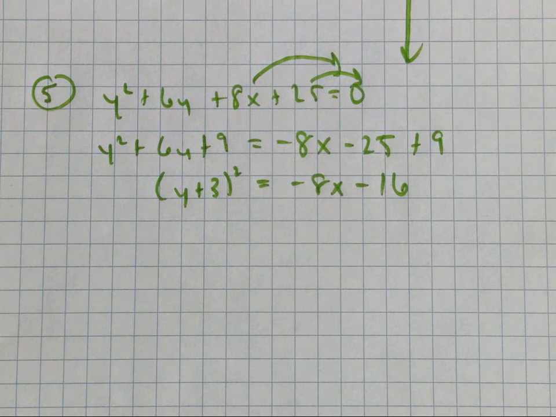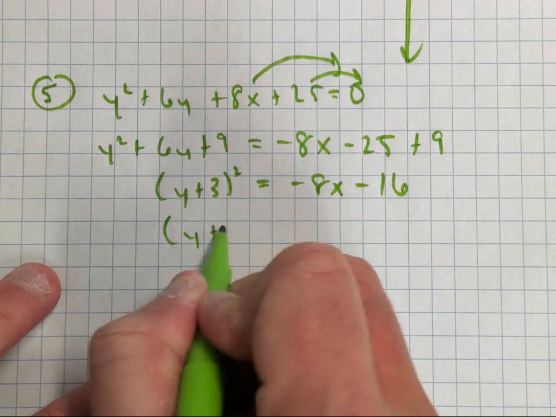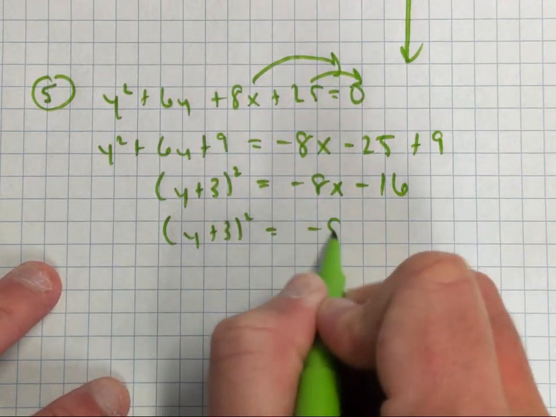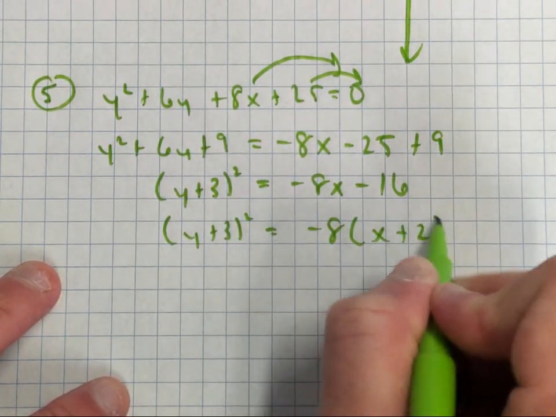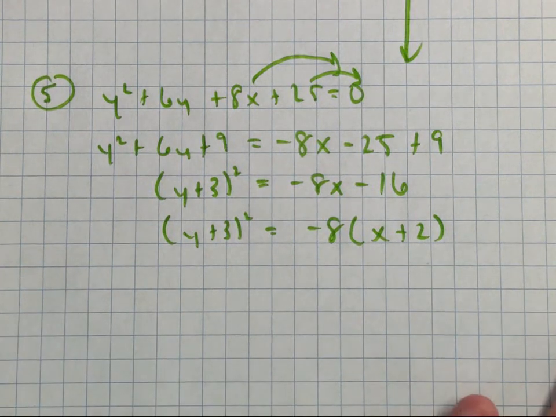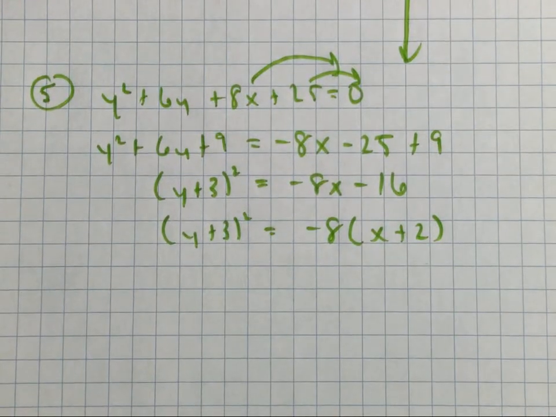Can I factor something out of that? What can I factor out? -8. So I'm left with (y plus 3) squared equals -8(x plus 2). And now that looks like the standard form right there.